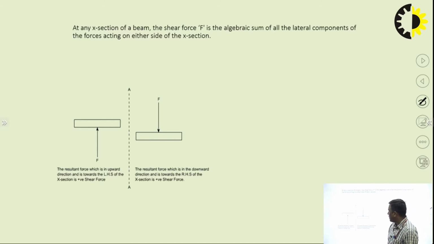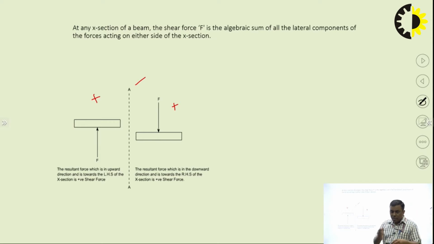As per my sign convention, taking A as the section plane, on the left side of the section plane, if the resultant of all the external forces and reaction forces at the support is in the upward direction, it will be considered positive. Simultaneously, on the right side of the section plane, if the resultant force is downward, this will also be considered positive.